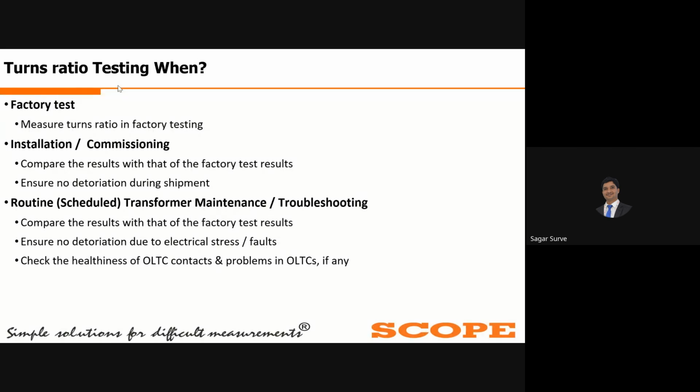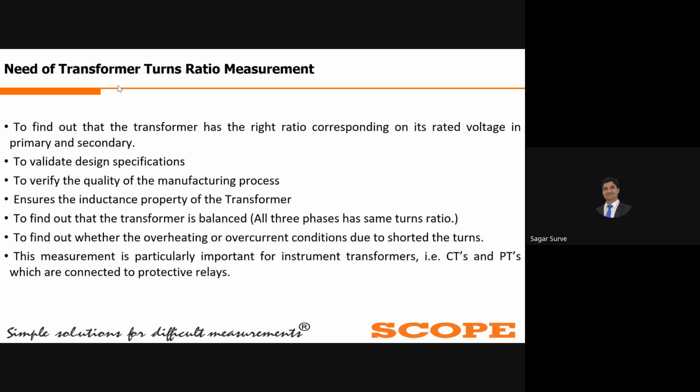We regularly conduct the test on the transformer in the field. We also conduct it to find out that there is the right ratio corresponding to its rated voltage, to validate the design specification, and to verify the quality of the manufacturing processes. Whatever manufacturing processes are followed can be rechecked by conducting the test on the transformer.